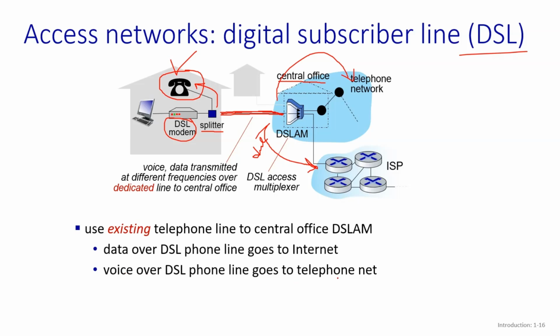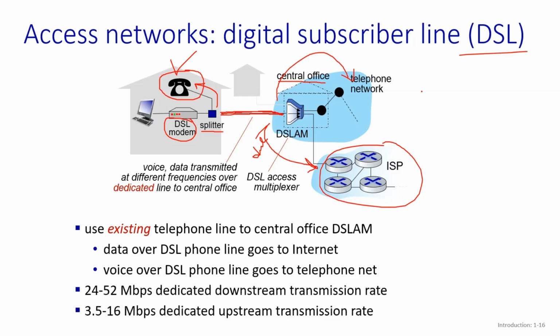I've already told you that this DSLAM splits the data and sends it to the internet, the ISP, internet service provider, and sends the analog signals to the telephone network. So this is how the same telephone line is used to transmit both the data facilities as well as the telephone facilities.